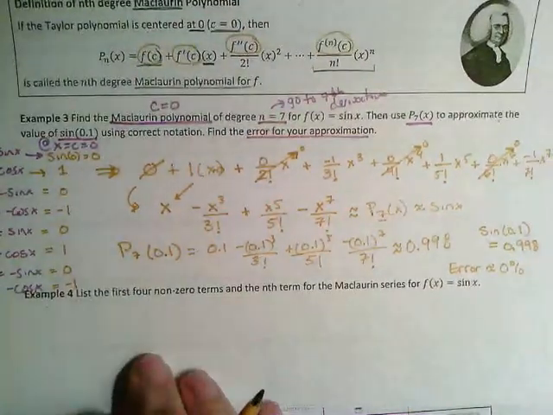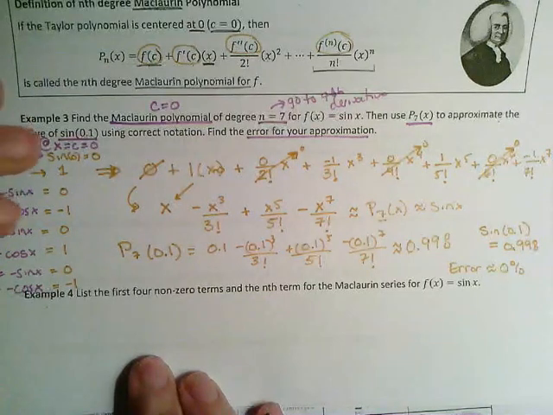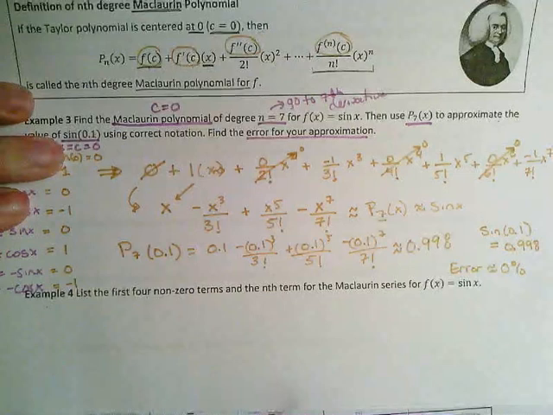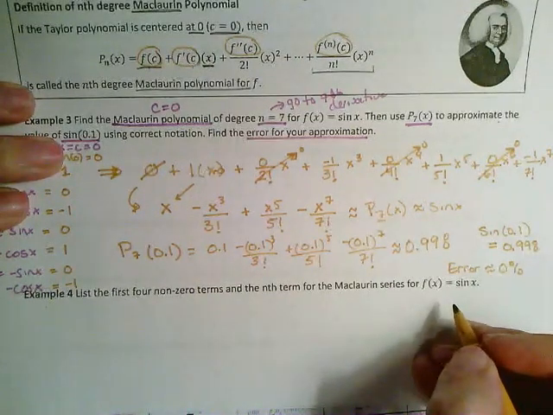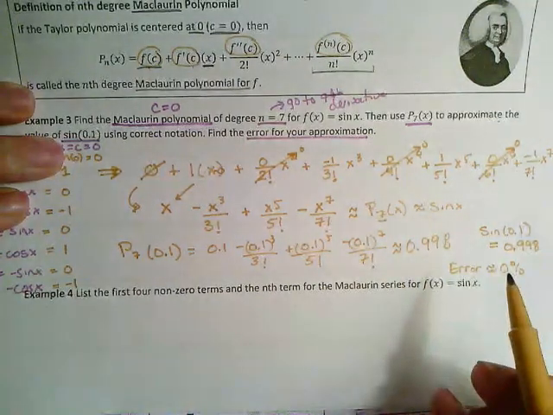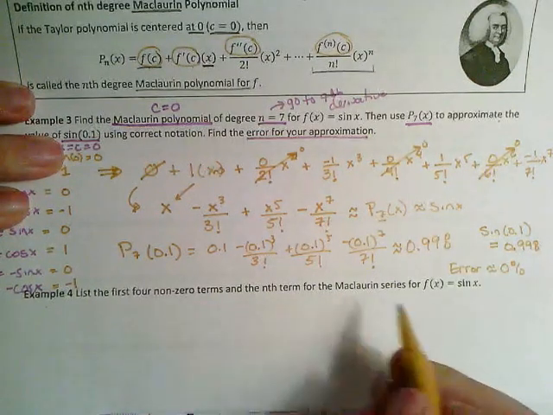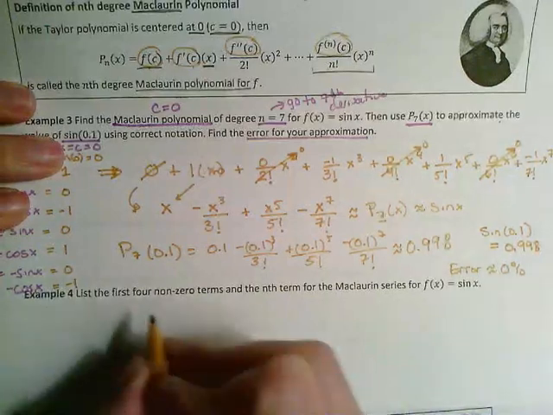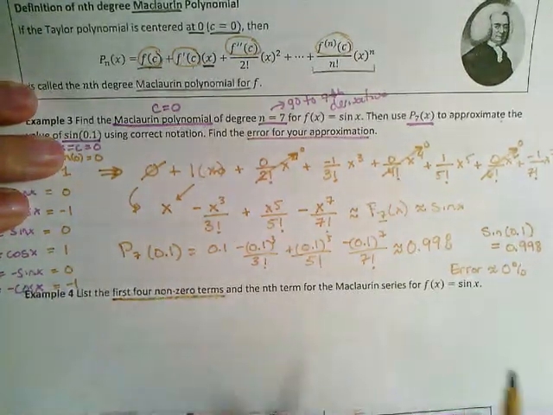So, example 4. List the first 4 non-zero terms for the nth term for the Maclaurin series of sine of x. So we actually already have the P7th, so I don't really need to do the work again, right? Here it says the first 4 non-zero terms.